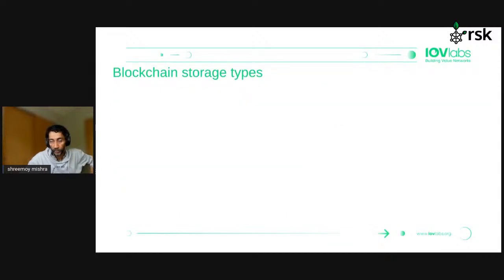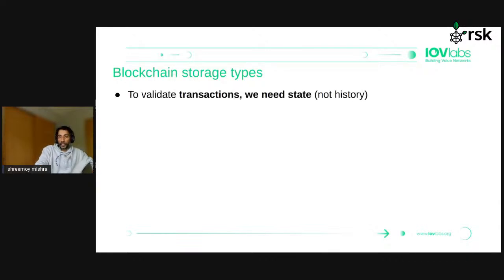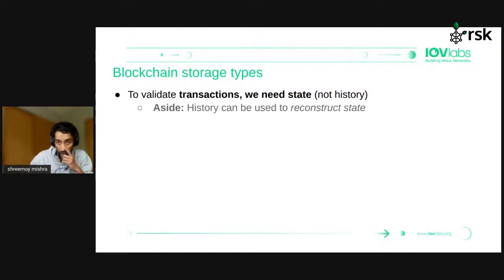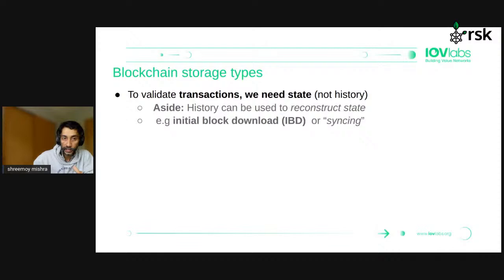And going further into storage types, we see that to validate transactions, we need state. So we're going to slow down a little bit here so people can differentiate these ideas. Now, of course, state can be reconstructed from history.